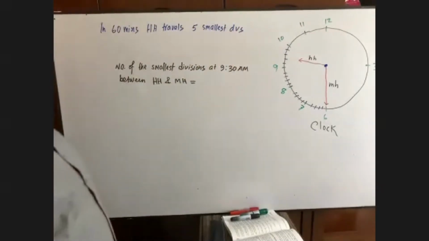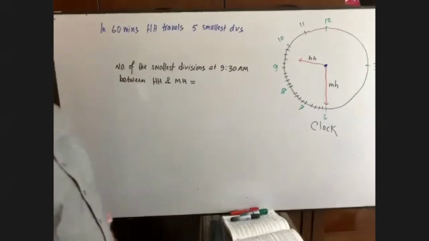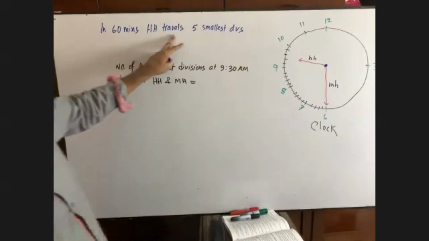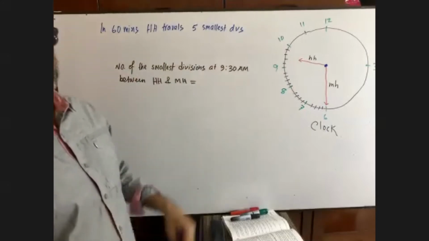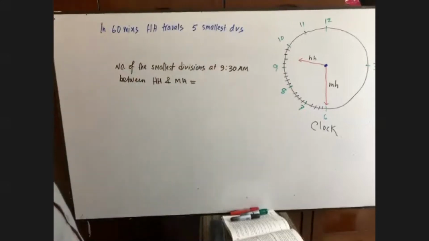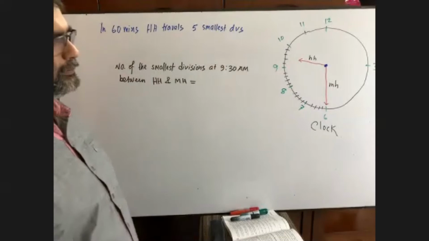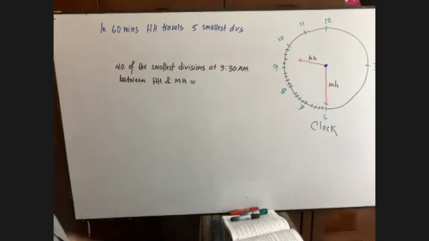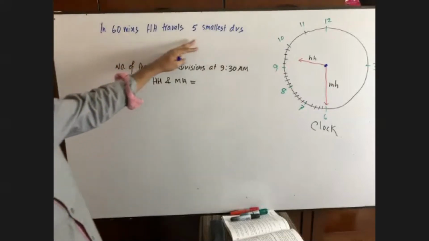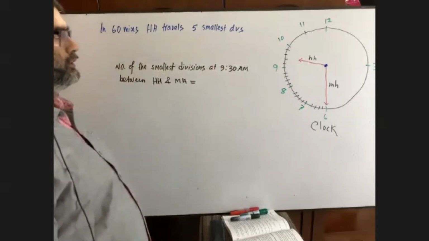Am I right? I told you that in 1 hour, our hand travels 5 smallest divisions. I gave you an example of 2 p.m. and 3 p.m. Okay. In 60 minutes, our hand travels 5 smallest divisions.